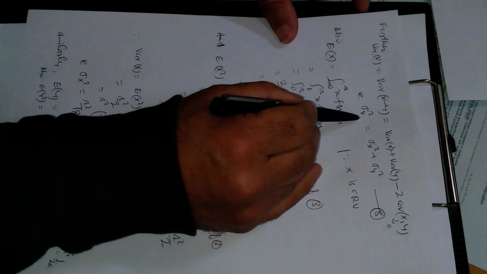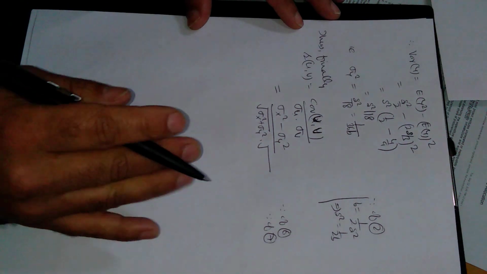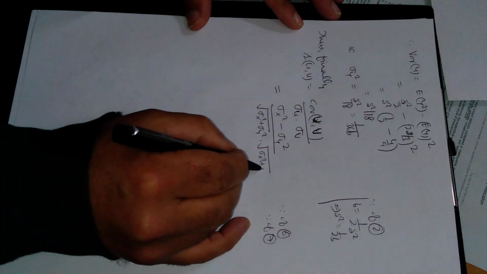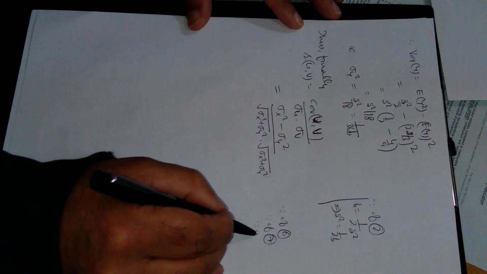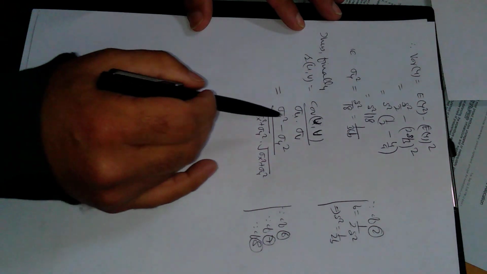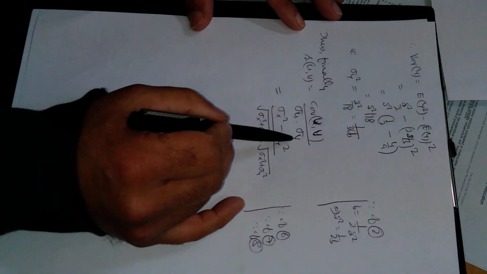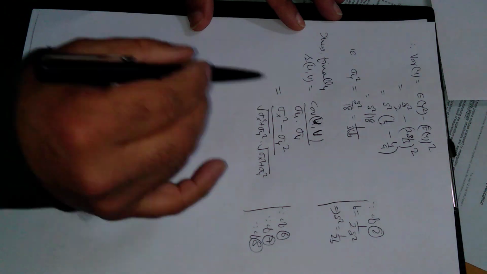So standard deviation of b will be the square root of this one, square root of sigma x square plus sigma y square, because of equation 8. So because of equations 6, 7, 8, I have substituted the value of covariance between u and b, standard deviation with respect to u, and standard deviation with respect to b.